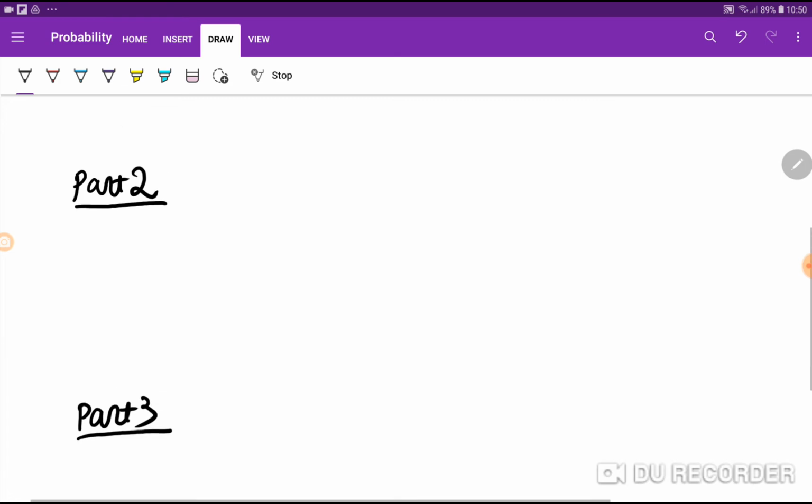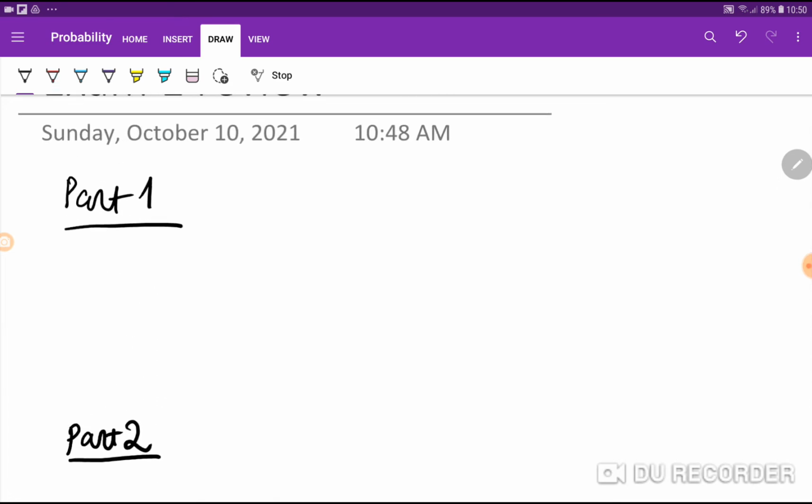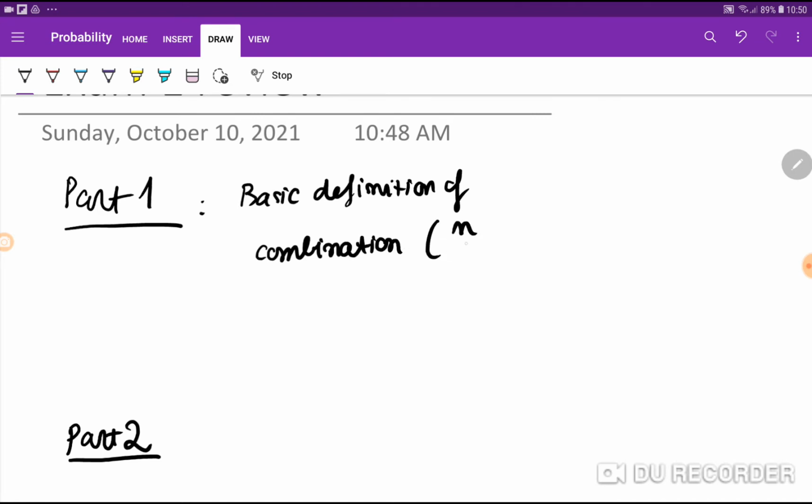So, what is part one about? Part one is the basic definitions of combination, like n choose k, and permutation. Well, how do you write permutation again?